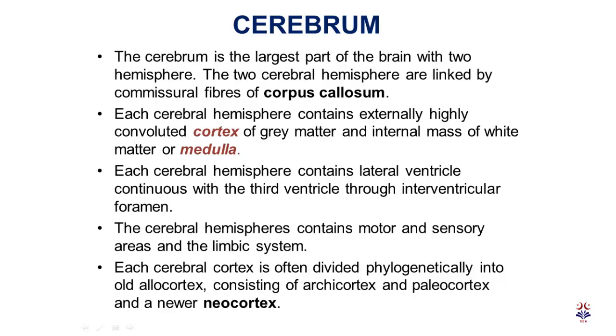We see that each cerebral hemisphere is folded, and it has gray and white matter. Gray matter is outside, and on the inside is the white matter, which is medulla. And it also contains lateral ventricles, which are continuous with the 3rd ventricle through the interventricular foramen.